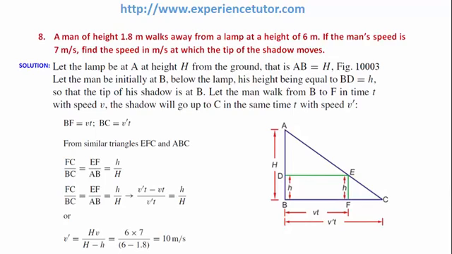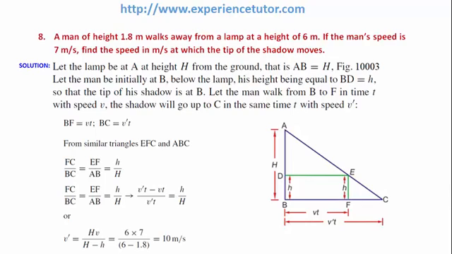Let the lamp be at height h from the ground, that is AB is equal to h. Let the man be initially at B, below the lamp, his height being equal to BD is equal to h. So the tip of the shadow is at B.